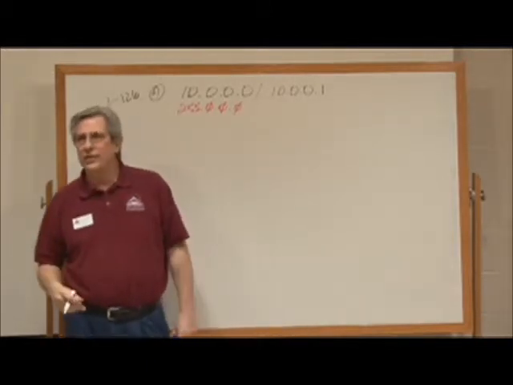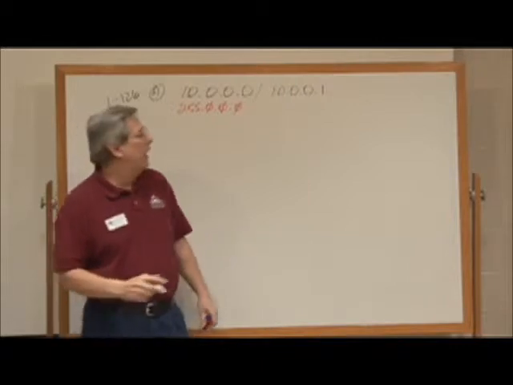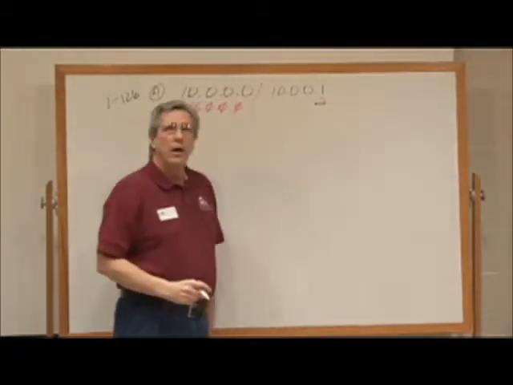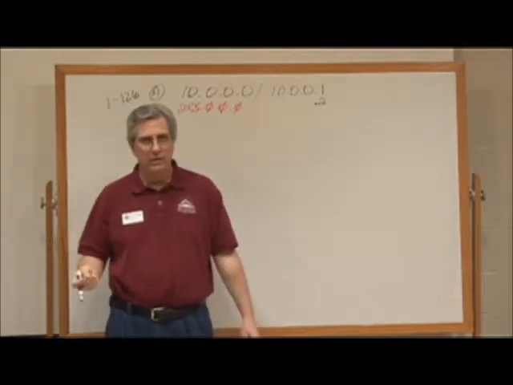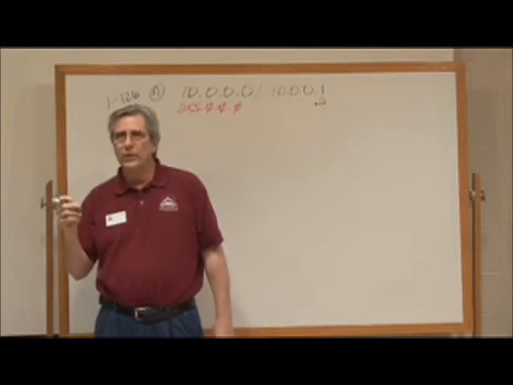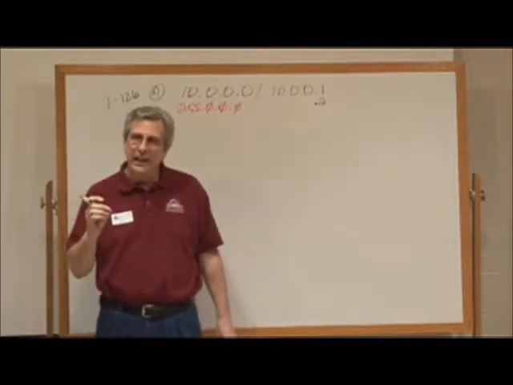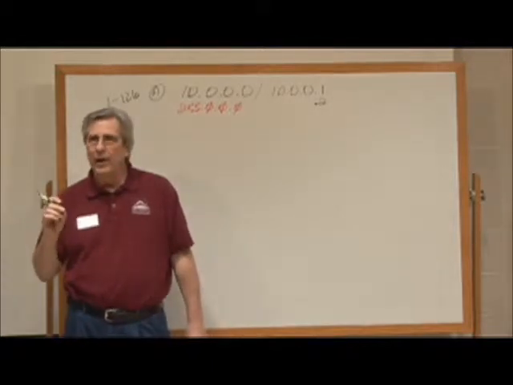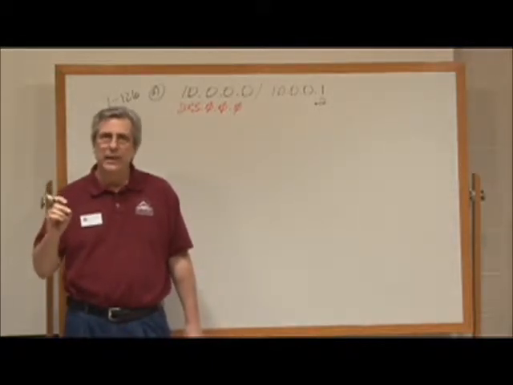Okay, now I have another station. What number do I assign? 10.0.0.2. Oh, so you're just going to do them in numerical order? Absolutely. Until what? You cannot have any number that cannot be represented by binary code in an 8-bit range.